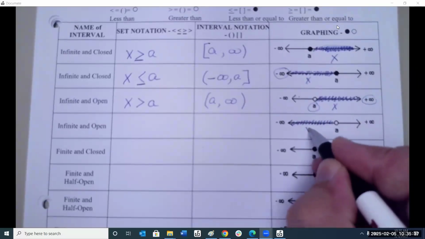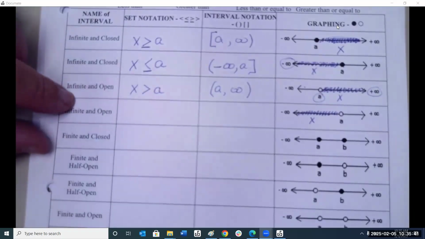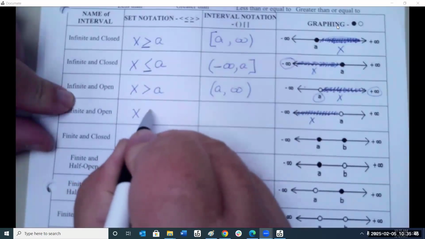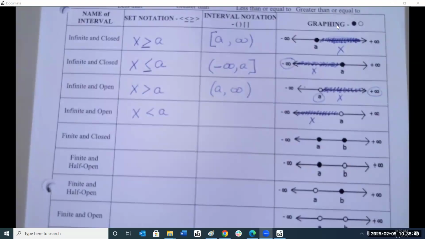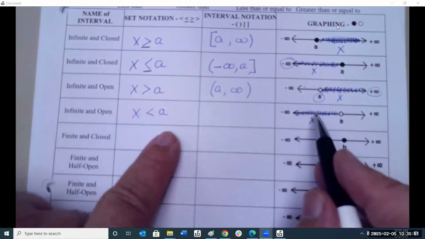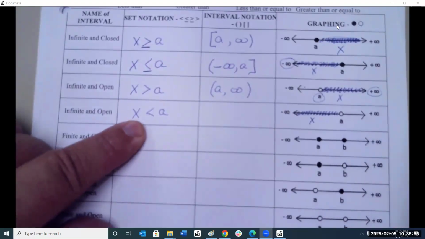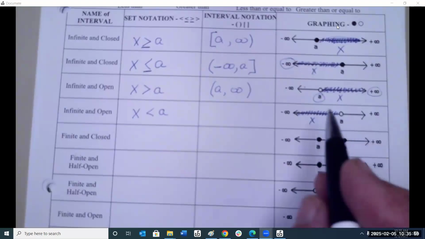And here, these are my X's. Since X is to the left of A, that means X is less than A. Also, because it's shaded, it's pointing to the left. I can't use A, so that's it. What's the smallest? What's the largest?